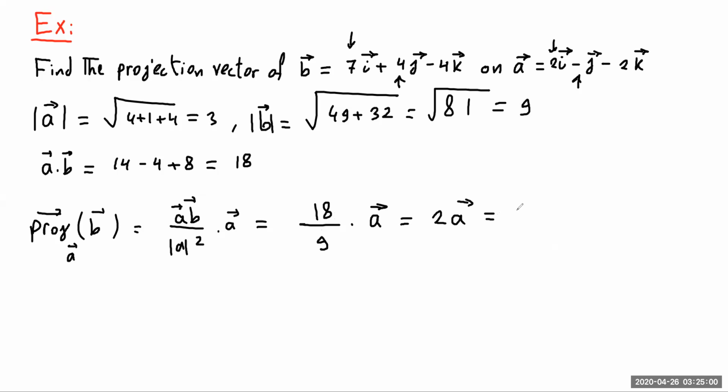So the final answer, 2 times A. So let's multiply A by 2: 4i minus 2j minus 4k.